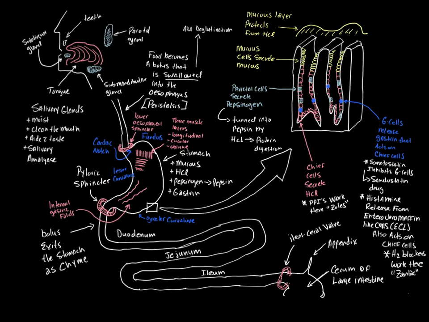And remember how we were talking about somatostatin yesterday? Somatostatin not only inhibits the release of insulin and glucagon from the pancreas, but somatostatin also inhibits G cell activity. So there is a drug called sandostatin or octreotide, which is a derivative of somatostatin.